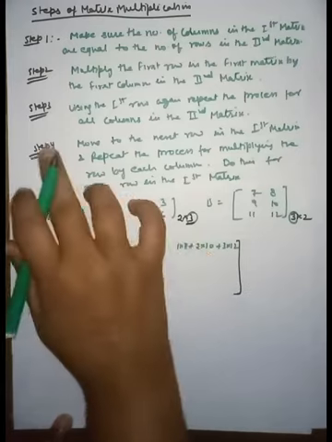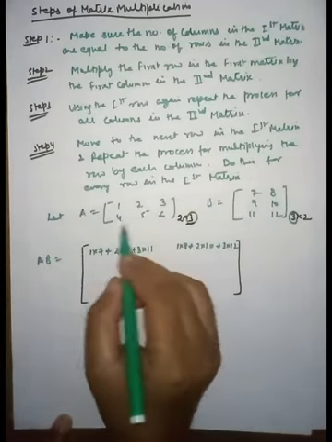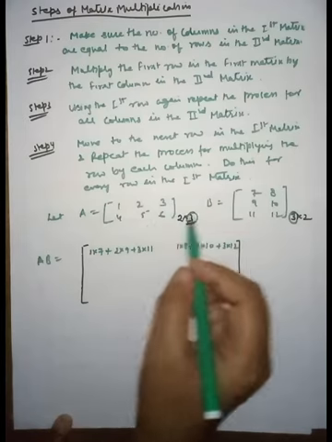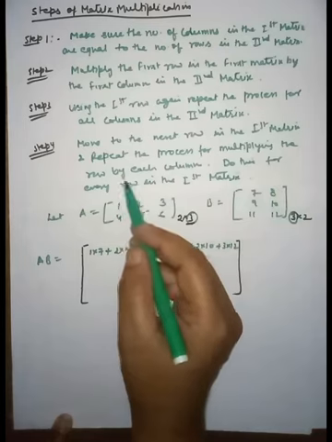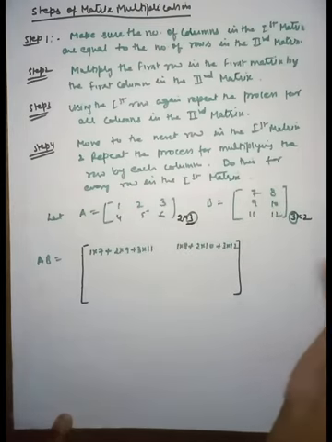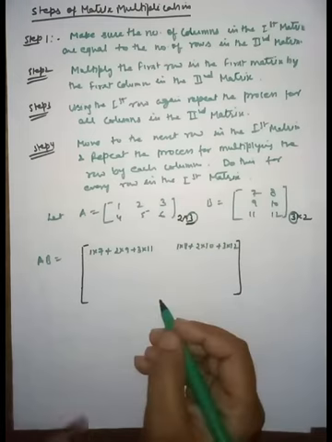Similarly, move on to step 4, move to the next row. In this case, the next row is 4, 5, 6 in the first matrix, and repeat the process of multiplying the row by each column of the second matrix, and do this for every row in the first matrix.